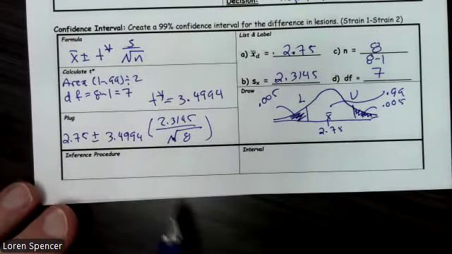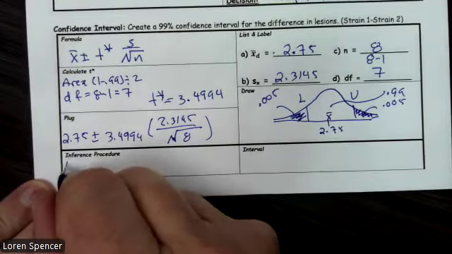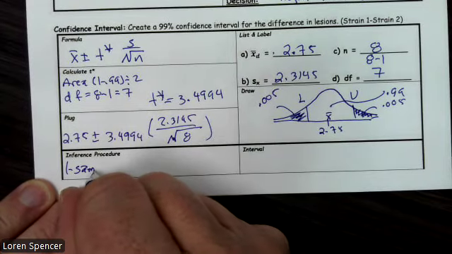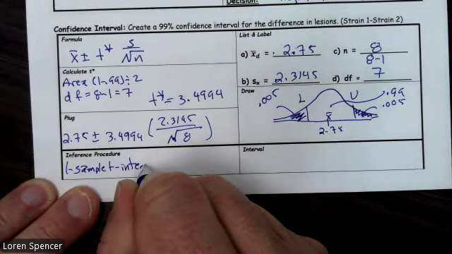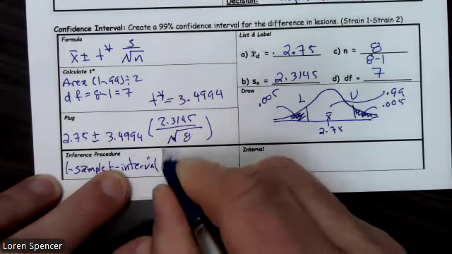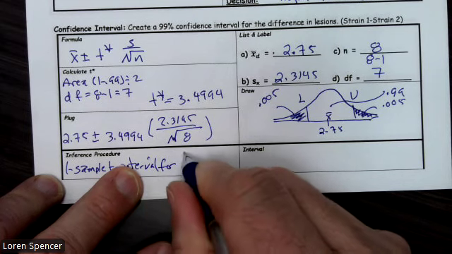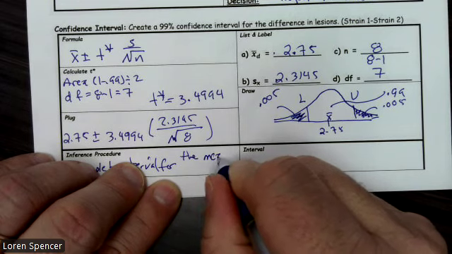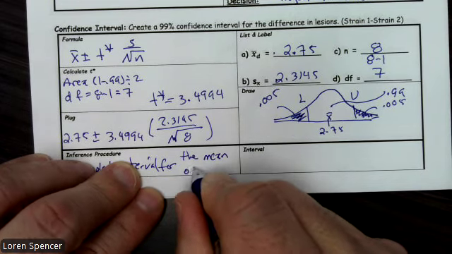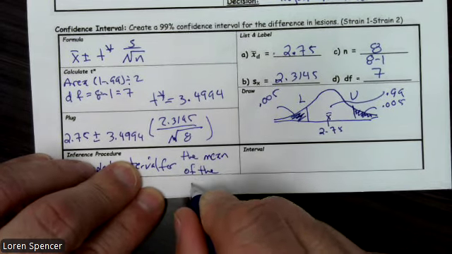Inference procedure. Well, it's a one sample t-interval for the mean of the differences. And it's really important that you keep this in right order.